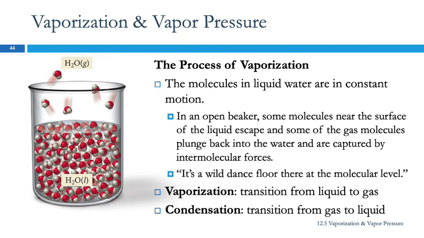So I see the surface of this liquid as being like a Red Rover line. And here's Sally down here being sent right over. Well, when will Sally be able to get through the line? If Sally has enough kinetic energy to break through. So we have the strength of the attractions here, that's like the hand strength of the Red Rover line, versus the kinetic energy of the individual particles.